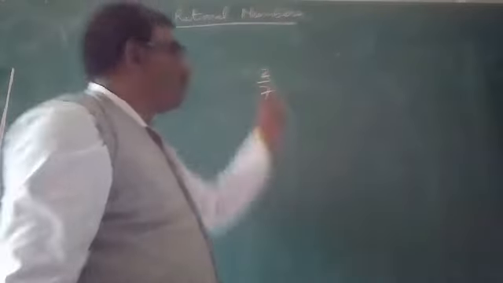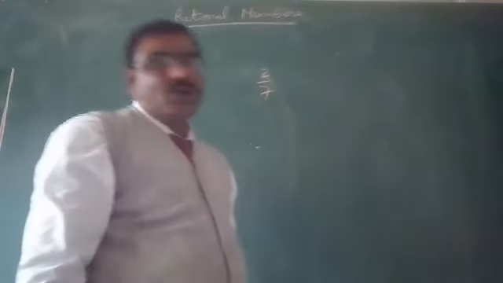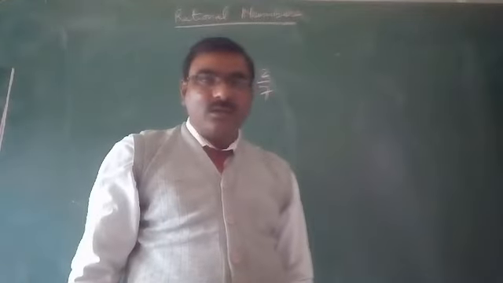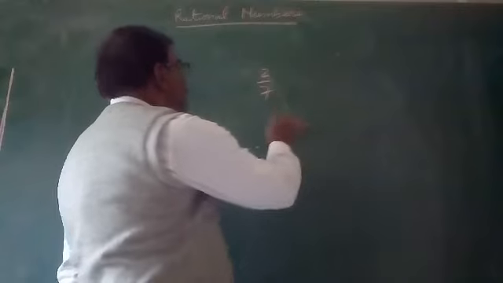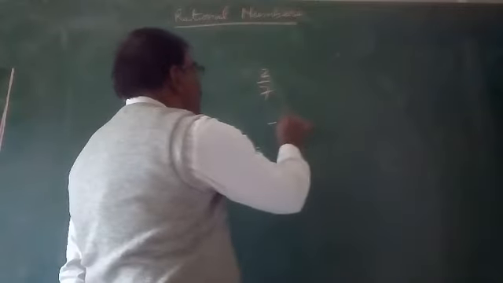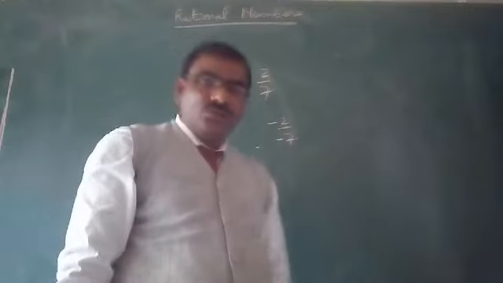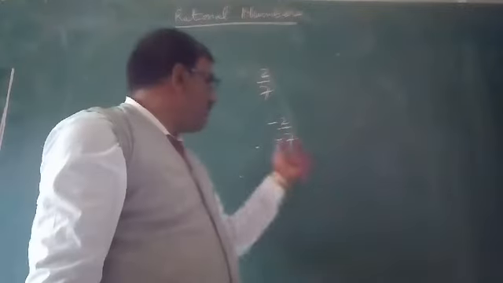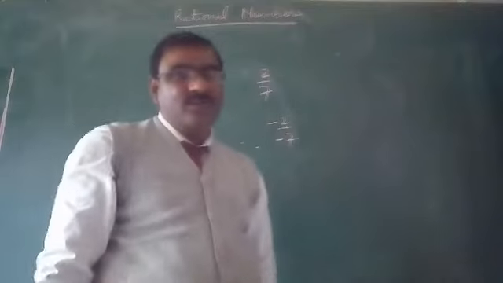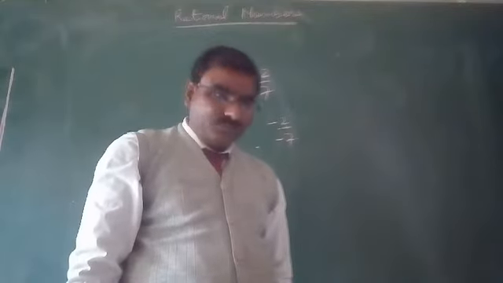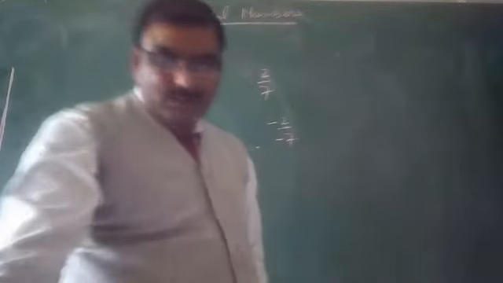Here 2 and 7 are both positive, so this rational number is called a positive rational number. Also, if minus 2 upon minus 7, here minus 2 is negative and 7 is also negative, then this is also called a positive rational number. Is it clear?